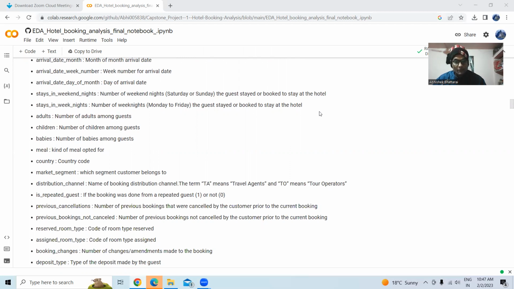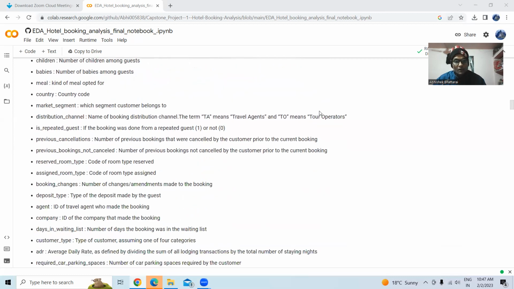Previous cancellations: number of previous bookings that were cancelled by the customer prior to the current booking. Previous bookings not cancelled: number of previous bookings not cancelled by the customer prior to the current booking. Reserved room type: code of room type reserved. Assigned room type: code of room type assigned. Booking changes: number of changes or amendments made to the booking.